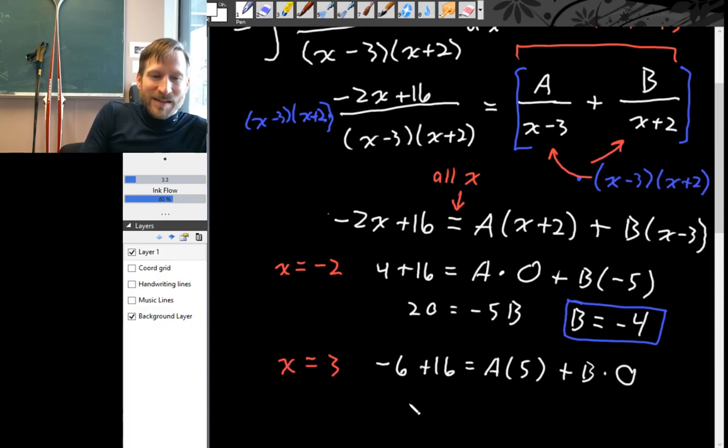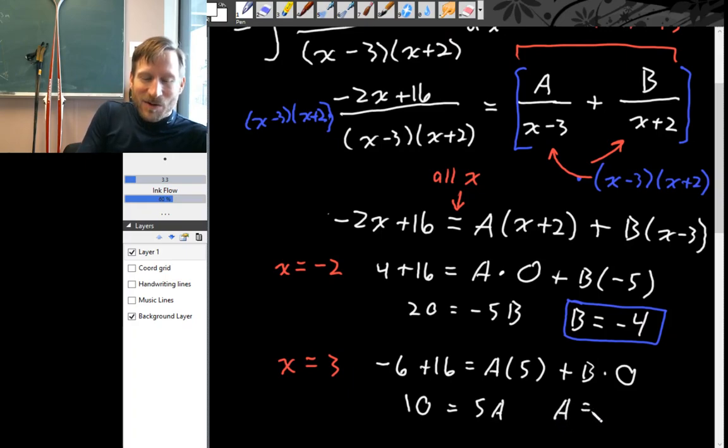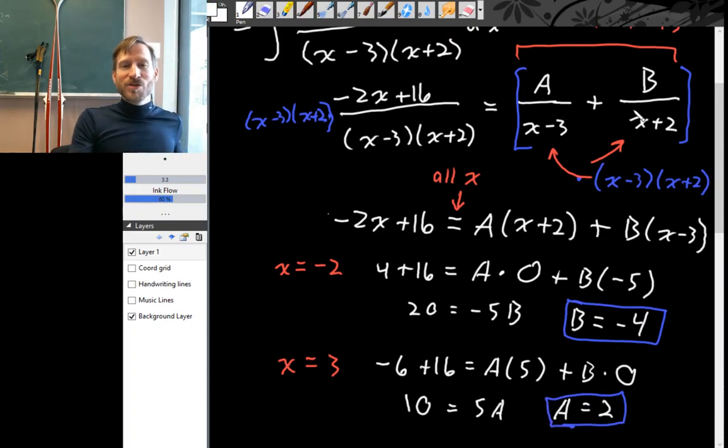So 10 equals 5A, and that gives us A equals 2. Now we know A and B, and they were the numerators for each fraction term. So A is 2 and B is negative 4.